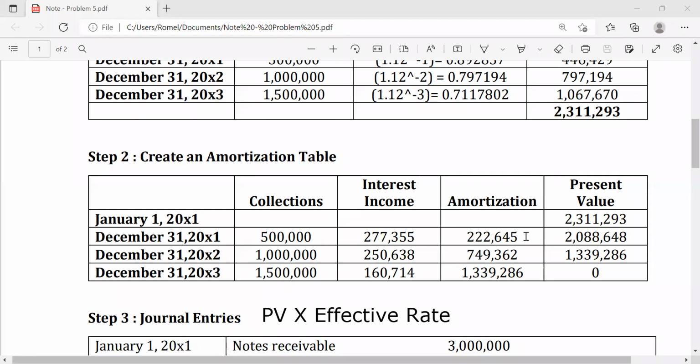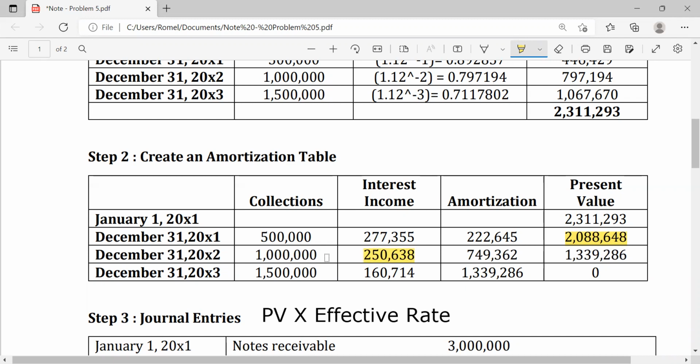And then, this 222,645, we will deduct from 2,311,293. Therefore, on December 31, 20X1, our present value is 2,088,648. And then, we will multiply this again by 12%, 2,088,648 times 12%, that will be 250,638.